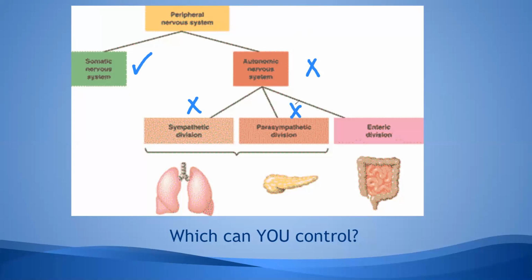So to answer that, it's really just the somatic. And if we remember, the somatic is broken down into two different categories: sensory and motor. So really, these would be the ones we could control, and the rest of the autonomic would not be ones that are under our control.